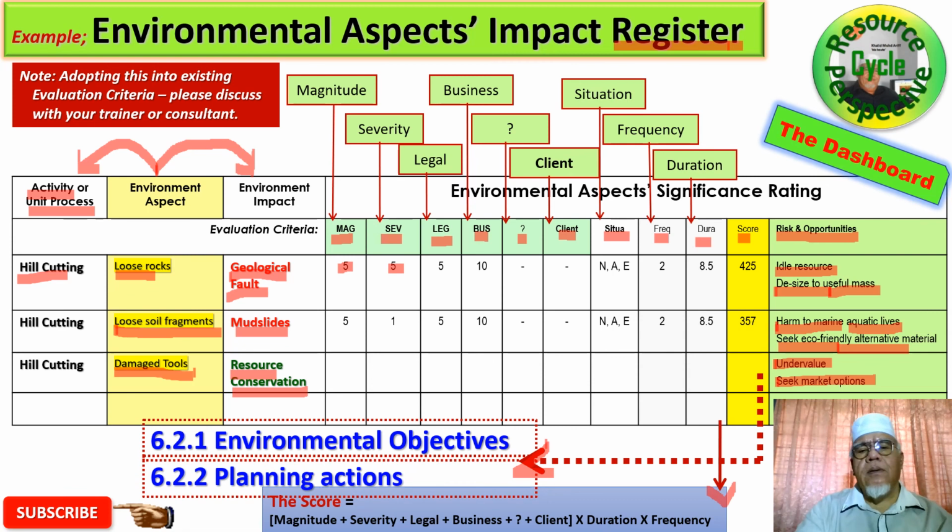Okay, and then we bring them into our environmental aspects impact register. My fellow consultants and trainers, I hope this is something that you can add on or improve, or if you have a better system, please put some comments in this video.